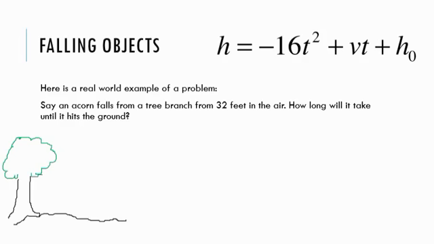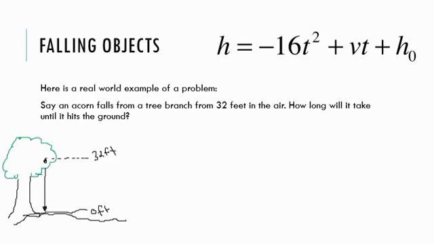We'll call this the ground, this is 0 feet. And say there's a little acorn right there, and this is at 32 feet. That's going to drop straight down to the ground. And that's our scenario.